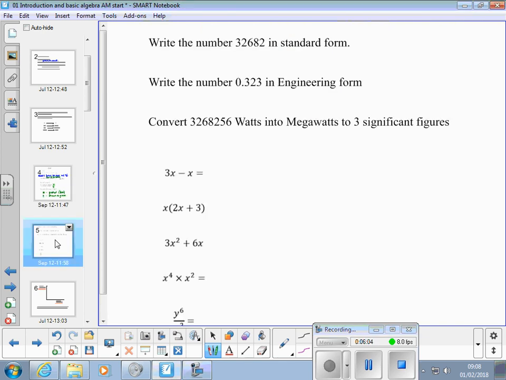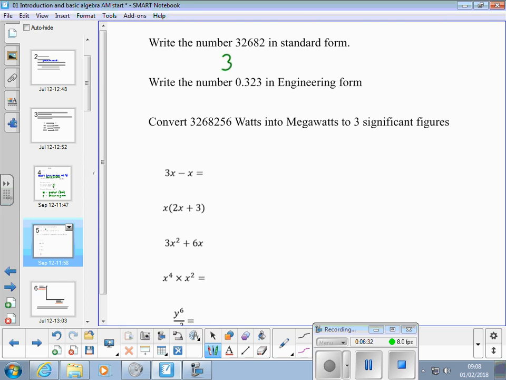Right, let's have a look at this one. Write the number 32,682 in standard form. Anyone going to offer me an answer? Not quite, no, but good effort. 3.2682.